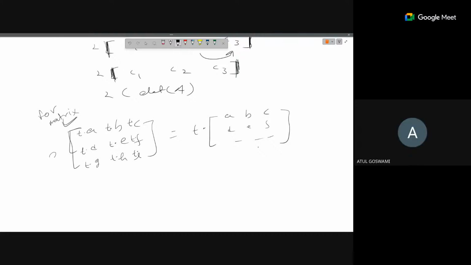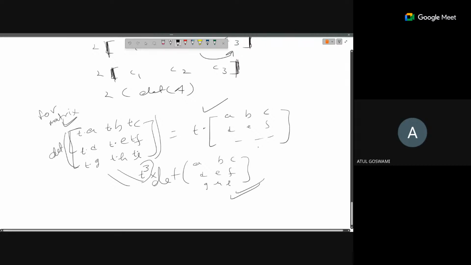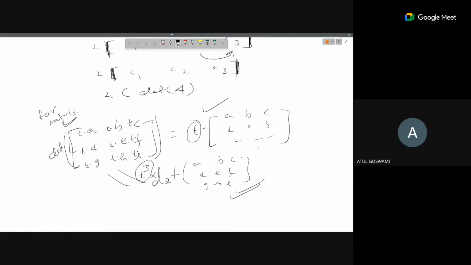In that case, the determinant of this matrix would be equal to the determinant of this A, B, C, D, E, F, G, H, I times t. From each row we can take out t, so for a matrix it is t cubed times, and for a determinant here it is t times.